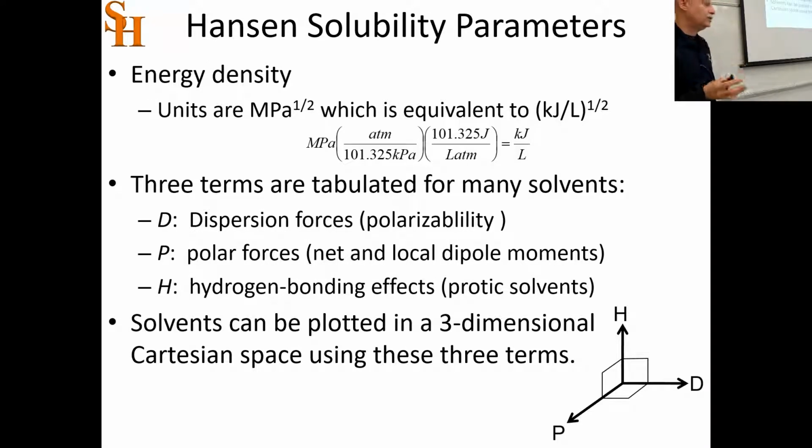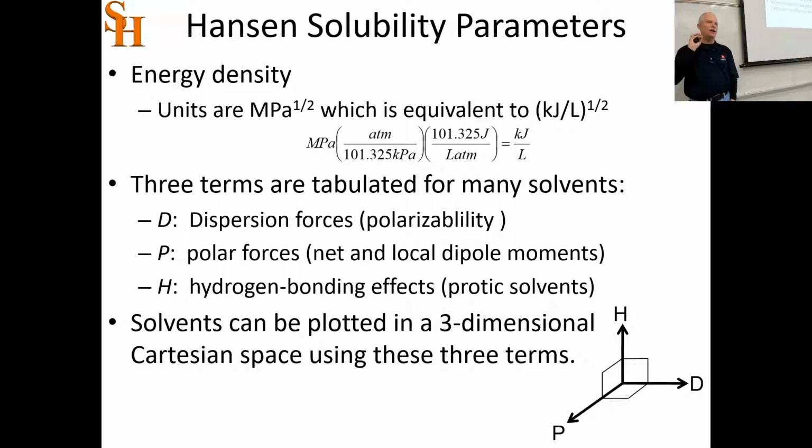So a lot of these solubility parameters are listed in tables as megapascals to the 1/2. Okay, and it's because the square of the solubility parameter is the cohesive energy density, which is the delta H of vaporization per molar volume.